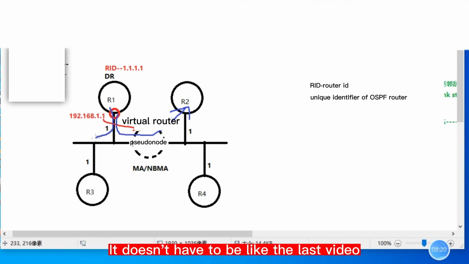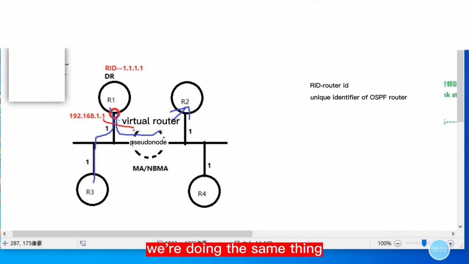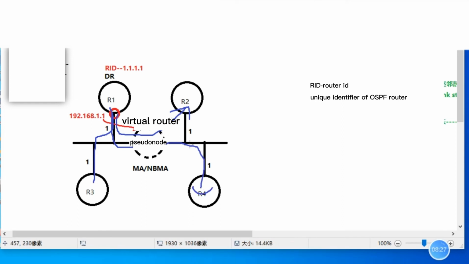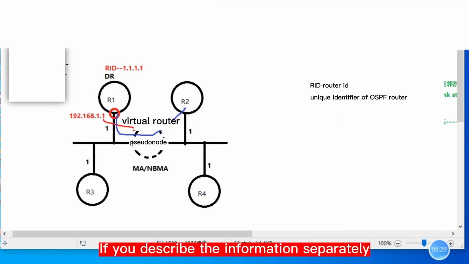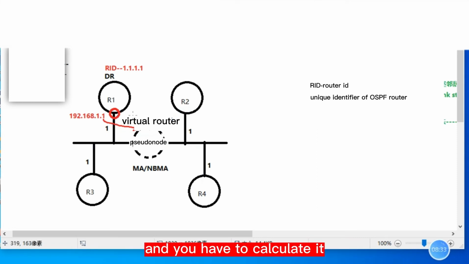It doesn't have to be like the last video, where we described the information separately. If you describe the information separately, the other party has to calculate it separately from that information when it receives it, so it becomes repetitive.